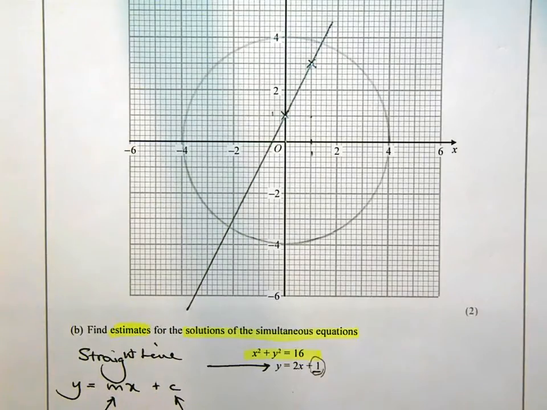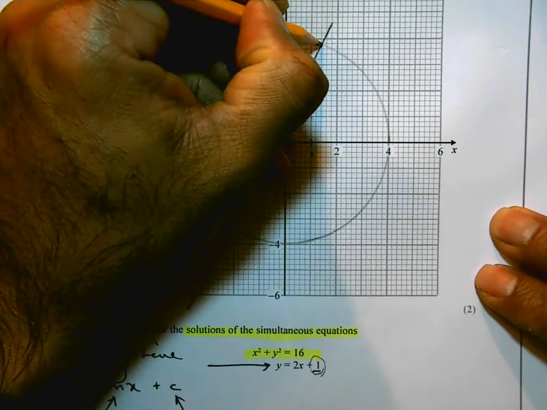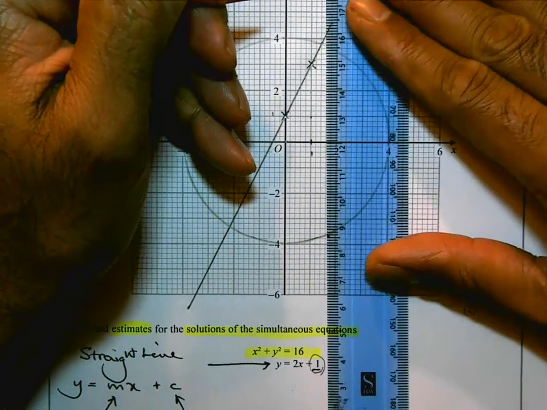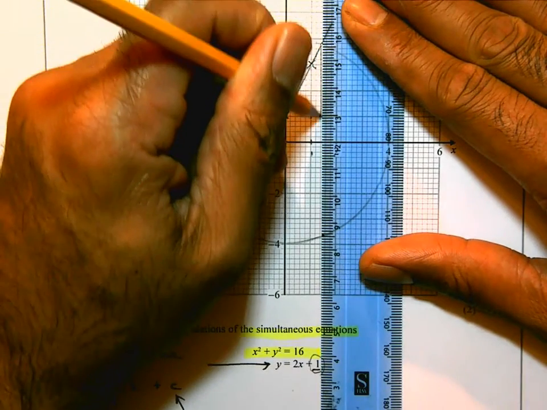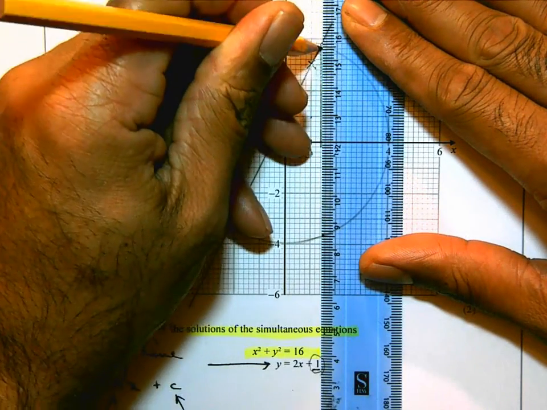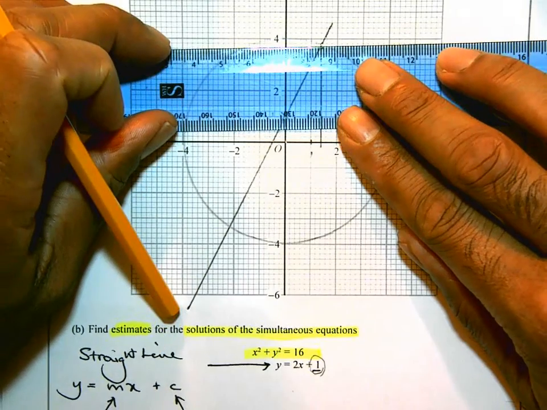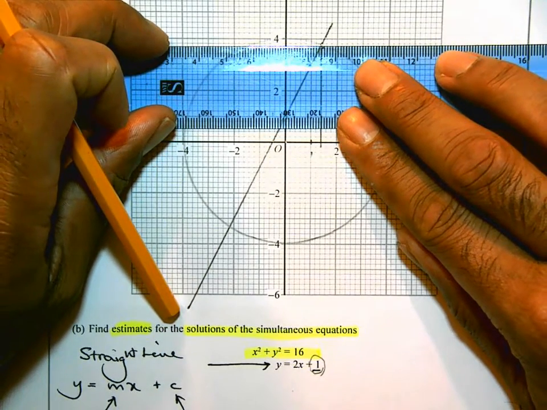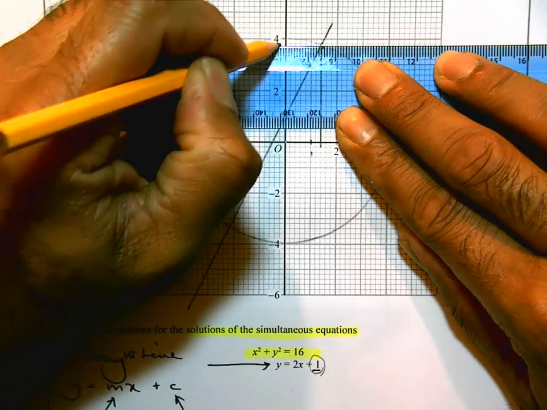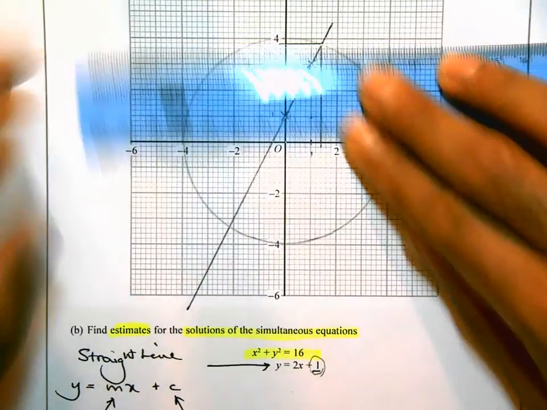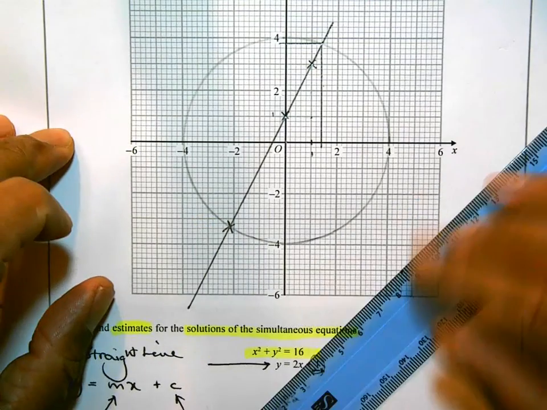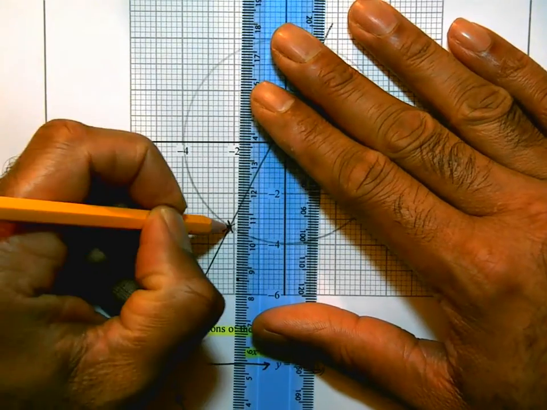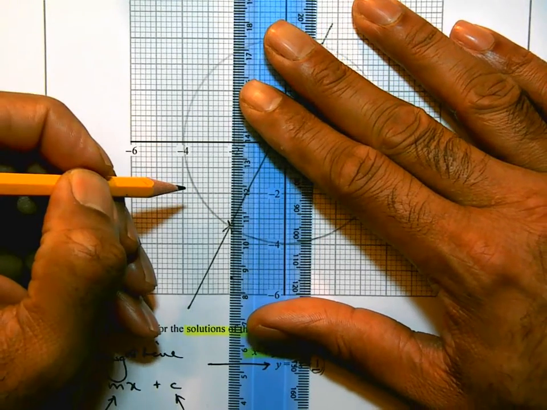Okay, so that's what it looks like. And my 2 solutions are going to be up here. This particular one. Here's my x value, and the corresponding y value. And the other intercept, or the point where they meet, is there. And let's work out the corresponding x and y values.